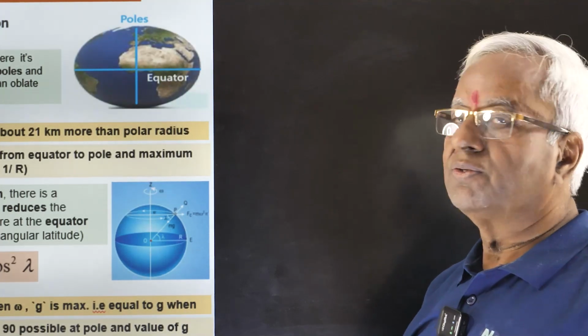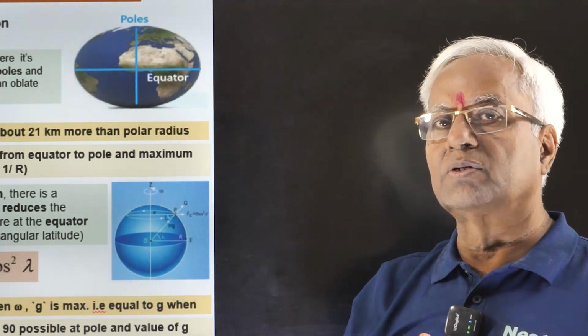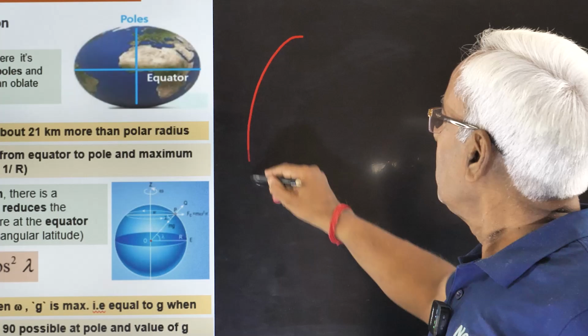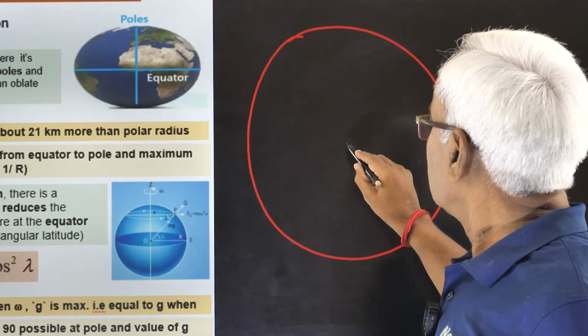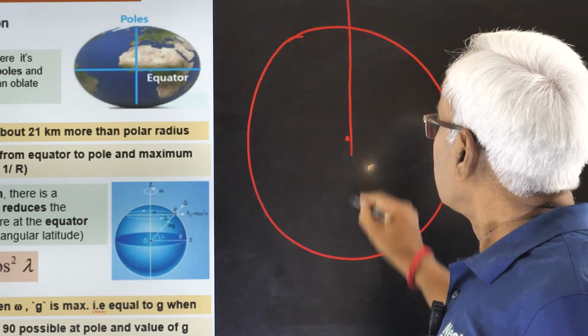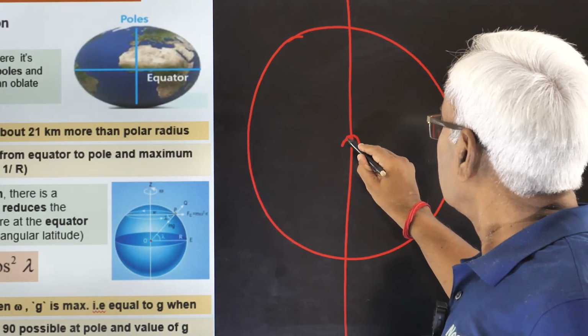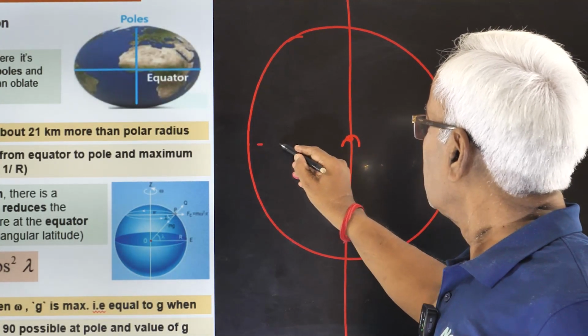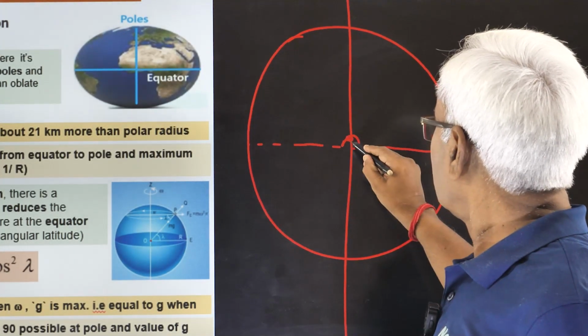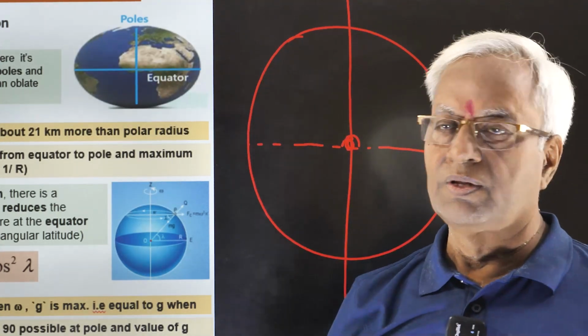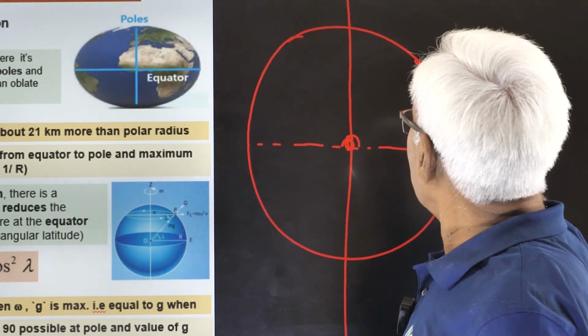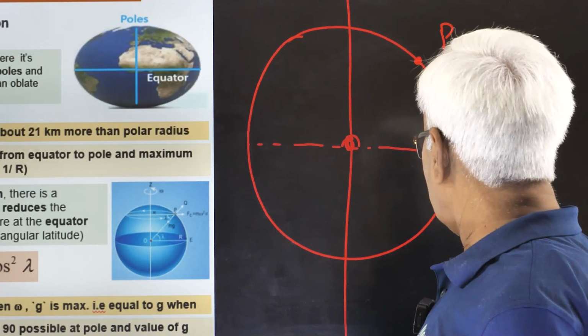But g changes on the surface because of two reasons. You see, this is the Earth's center, this is the axis, and this is, say, the equatorial plane. Now consider any point P on the Earth.